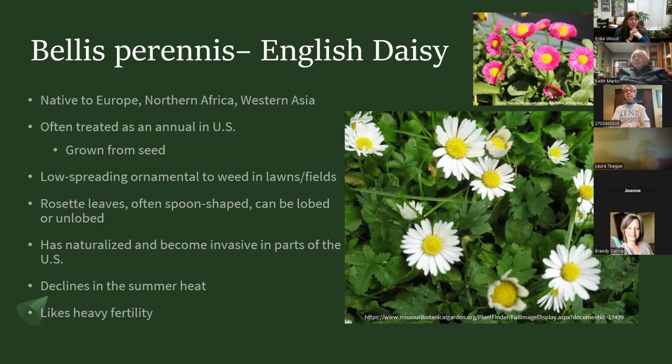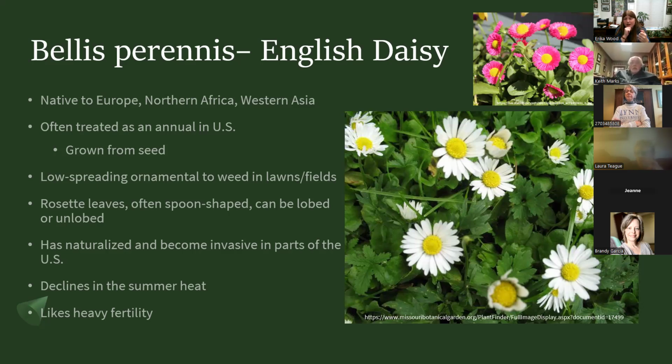Now, where these also can become more invasive is they like heavy fertility. So if you have been, say, heavily fertilizing a lawn, like you're doing a fertilizer regimen on it, or maybe near your garden, like a heavily fertilized vegetable garden, sometimes that's where we come across problems with this daisy.